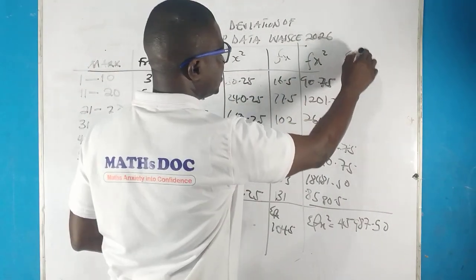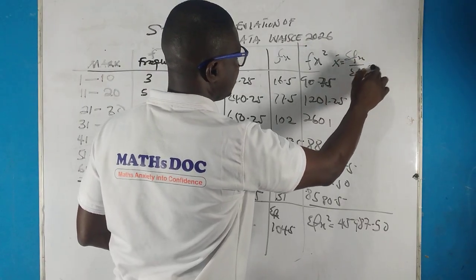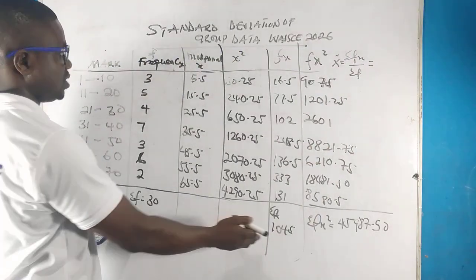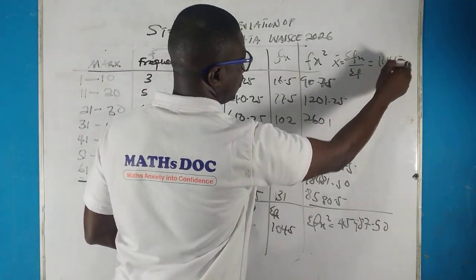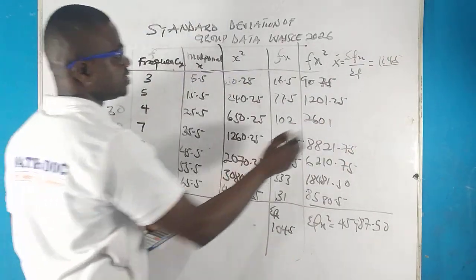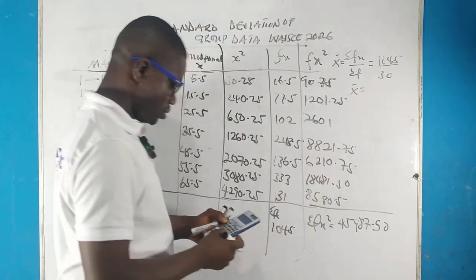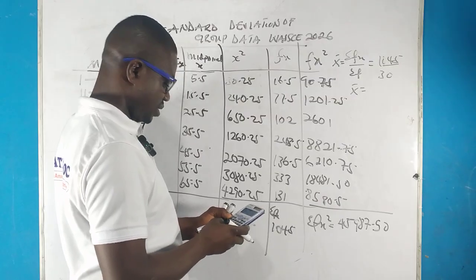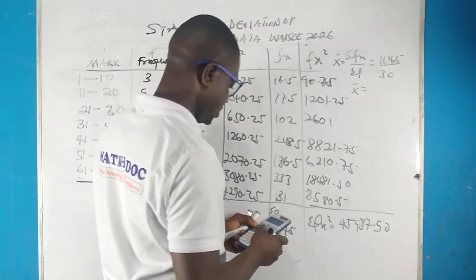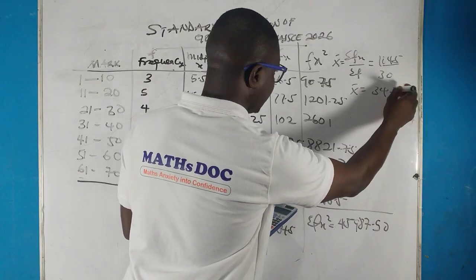The mean is summation fx over summation f. Summation fx is 1045 over 30. So x bar is 1045 divided by 30, and that will give you 34.83.